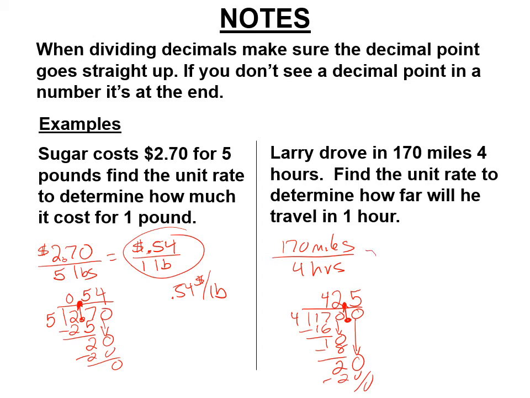So this is 42, I have to write 42 correctly, 42.5 miles in 1 hour. They were going 42.5 miles per hour.